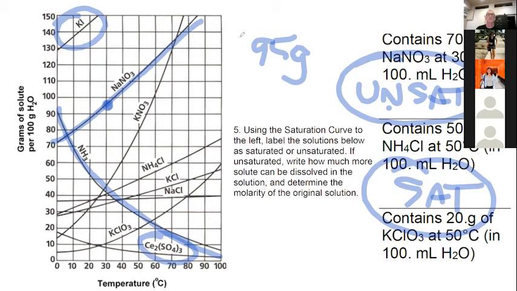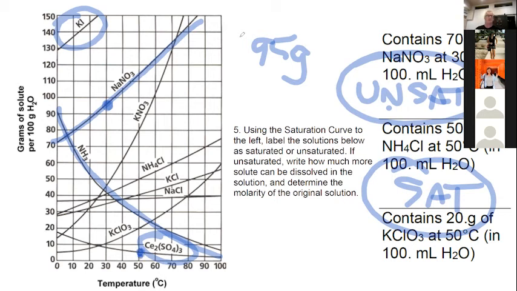If you were to give us a problem like this, but use that really low one, Cs2SO4, if you needed 20 grams of that at 50 degrees Celsius in 100 milliliters of water, you see that it won't even hit. That would be 5.